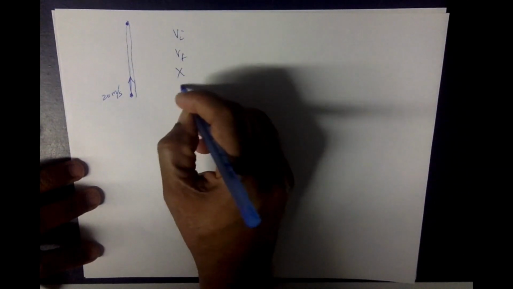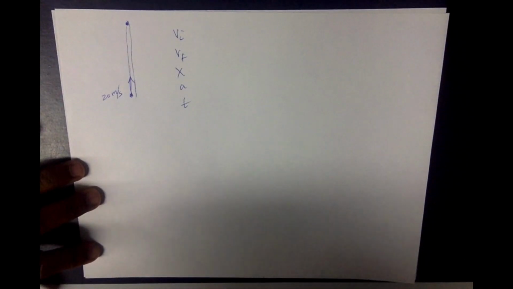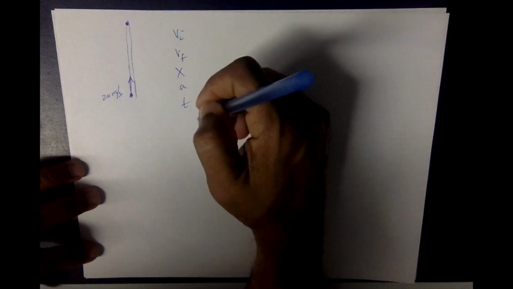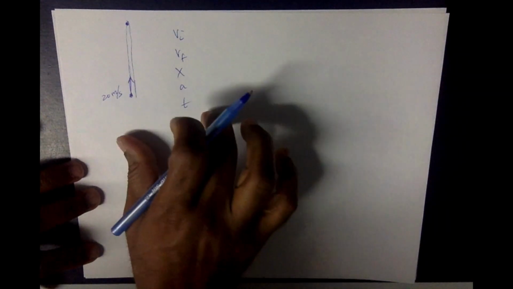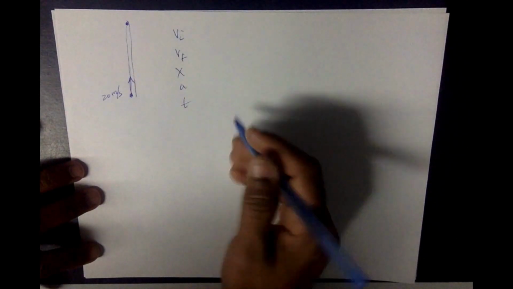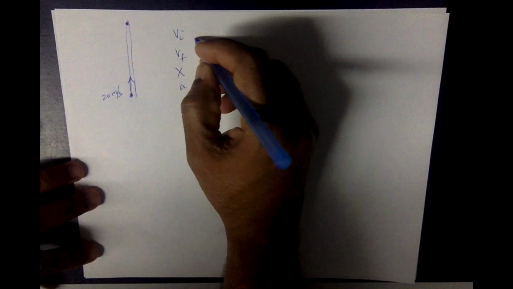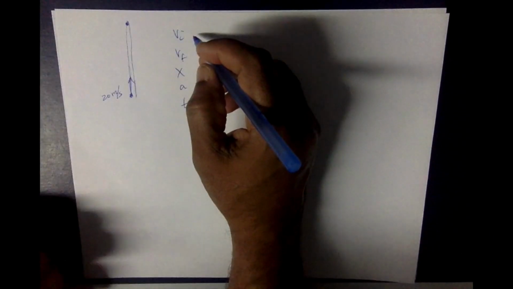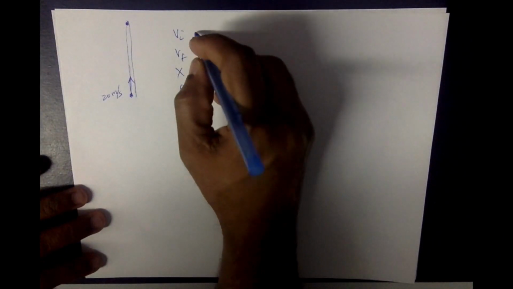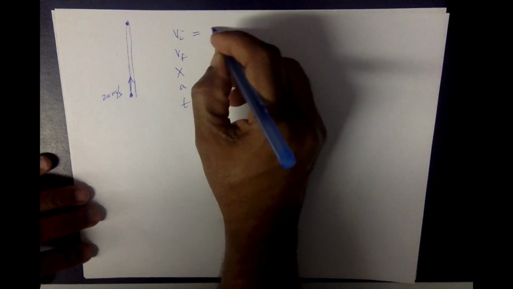So what information do you know about this? You can pause this video right now and solve it, and then see how the solution is and whether it is in agreement with what you're thinking. Okay, so initial velocity here is positive 20 because I threw it upward.